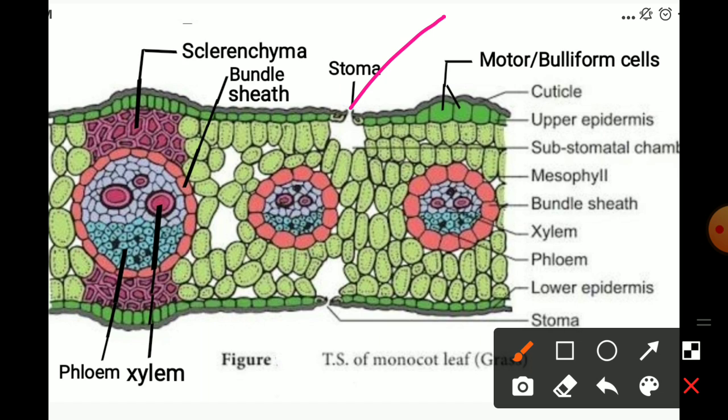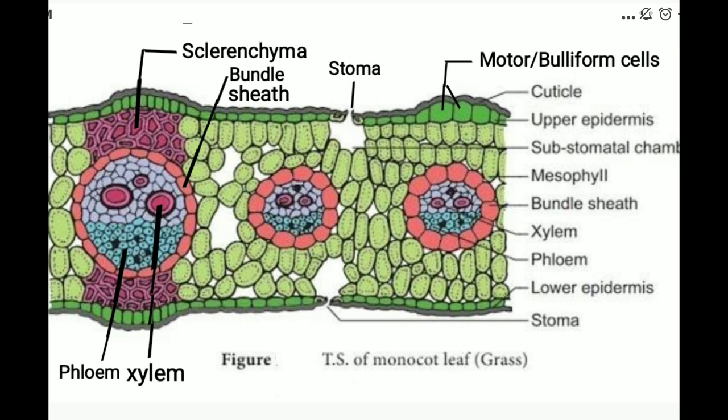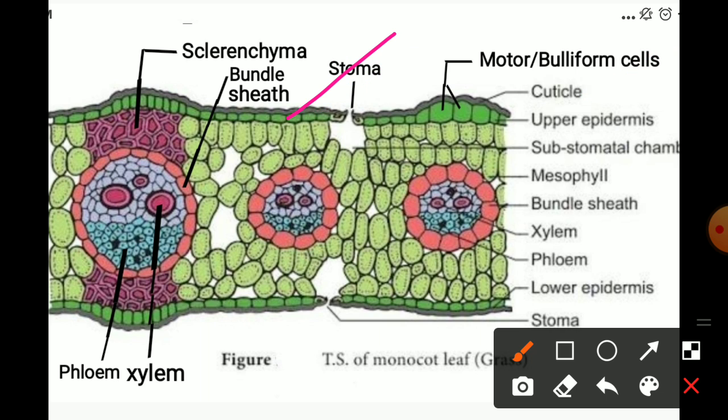To perform this function of protection nicely, this epidermis is deposited with the cuticle. This is the cuticle covering the epidermis. The epidermal cells are covered with an extra coating on it, which we call a cuticle.